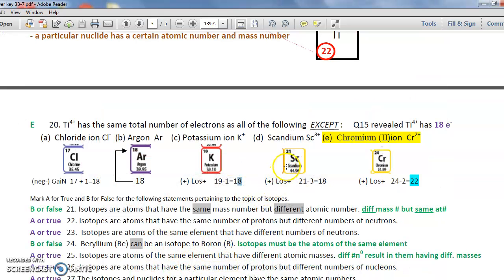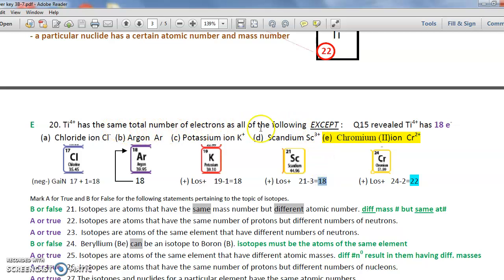What about scandium? Scandium has 21 protons, so it starts with 21 electrons. If it becomes 3+, plus means it lost electrons to leave it positive. It starts with 21 protons, 21 electrons, 21 positives, 21 negatives. To have more positives, you have to lose negatives. So 21 minus 3 would leave it with 18 negatives.